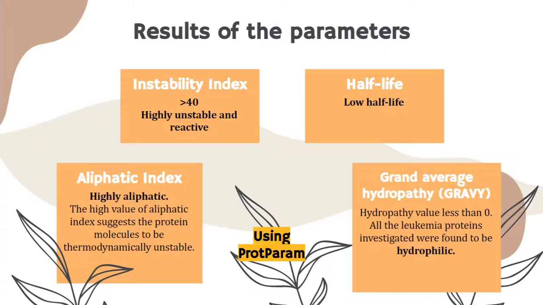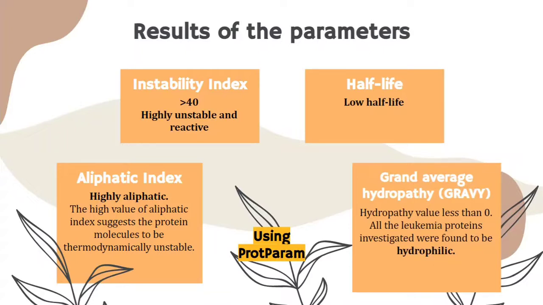For the aliphatic index, this protein is highly aliphatic because it has a high aliphatic value. So with the high value of the aliphatic index, it suggests that the protein molecule is thermodynamically unstable. The half-life of this protein is low. And the grand average of hydropathicity of this protein has a value less than 0.